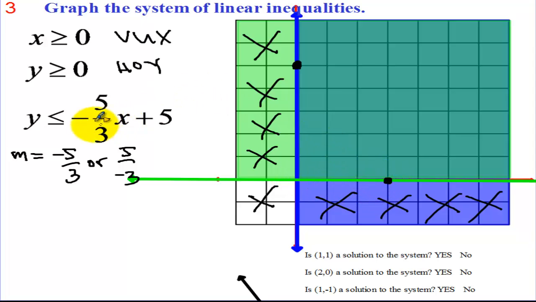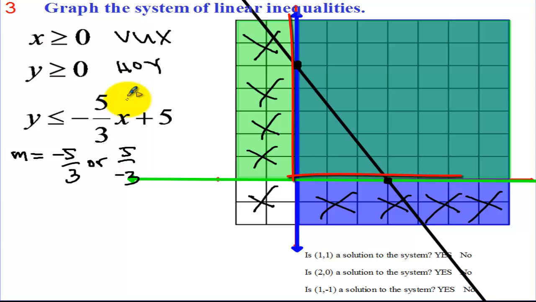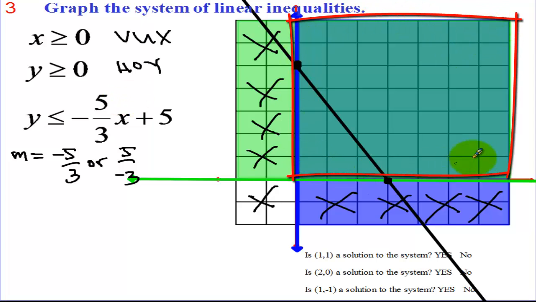Now since we have a line under, I am going to use a solid line to connect these 2 points. All right. Now we know that the overlapping of these 3 inequalities should only be located on this area. Okay.